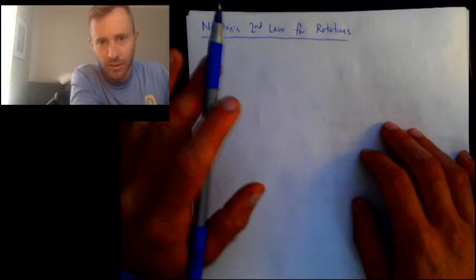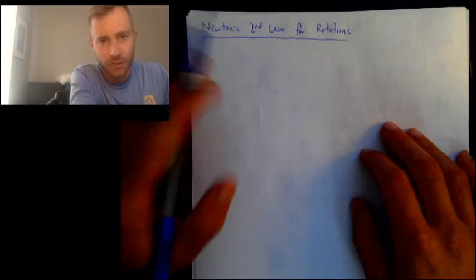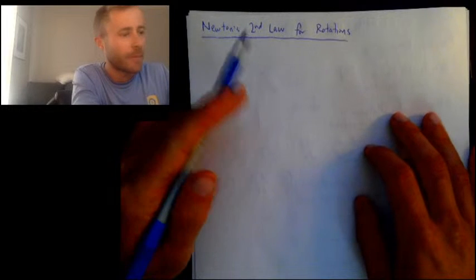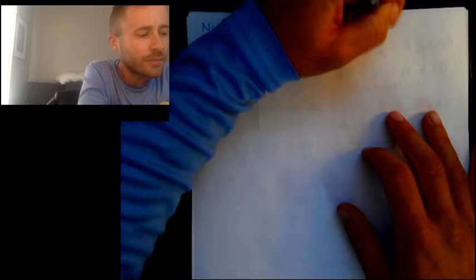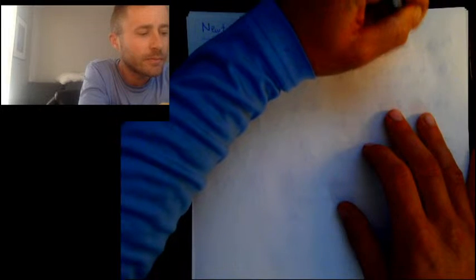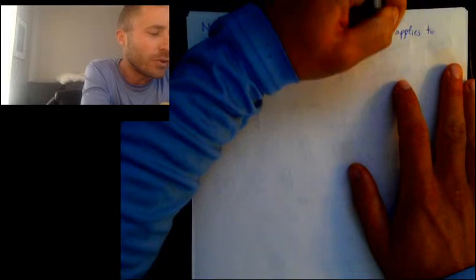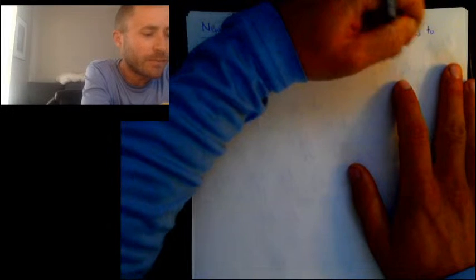I'm not going to show the derivation. If you ask me during office hours or something, I could show you. But one of the things about this equation is that it only applies to so-called rigid bodies.